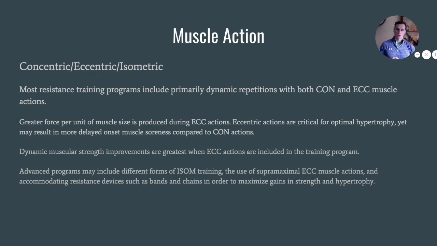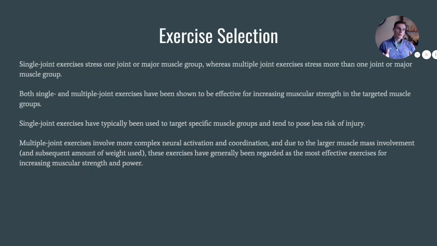So the addition of the accommodating resistance forces the athlete to apply force through the whole range of motion because of the increase in tension. So obviously you can see how the way you manipulate muscle action can affect the outcome that we get and how you can use it to your advantage.